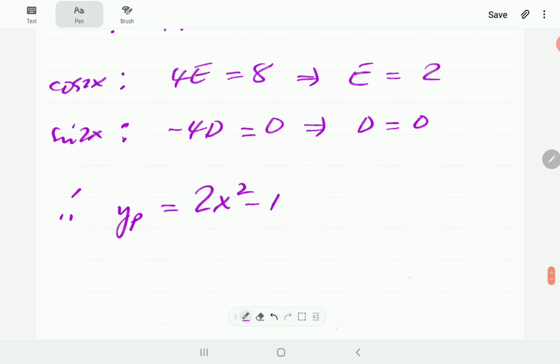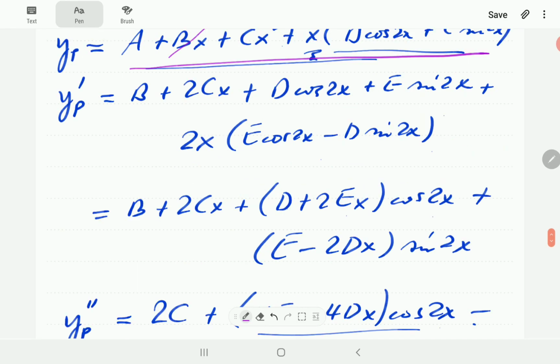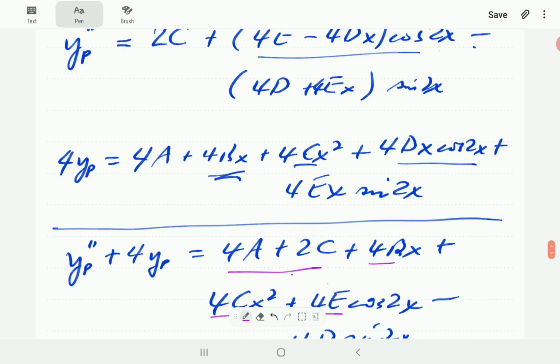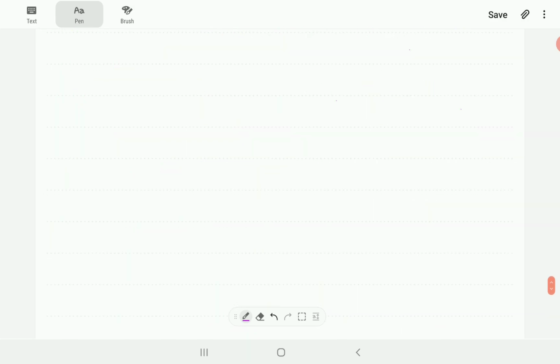D is 0, e is 2. So we're going to have plus 2x sine 2x. So d is the coefficient of cosine, e is the coefficient of sine. So that is our yp.